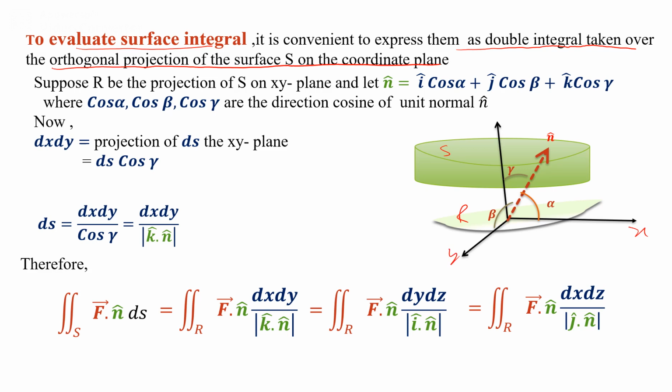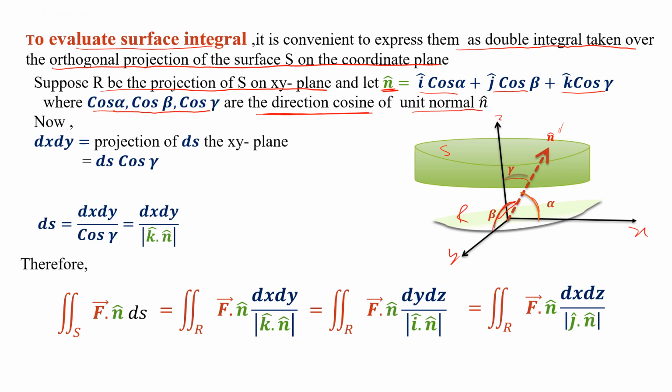Here, the unit normal vector is i cos alpha plus j cos beta plus k cos gamma. So the unit normal vector n makes angle alpha from the x-axis, beta from the y-axis and gamma from the z-axis.